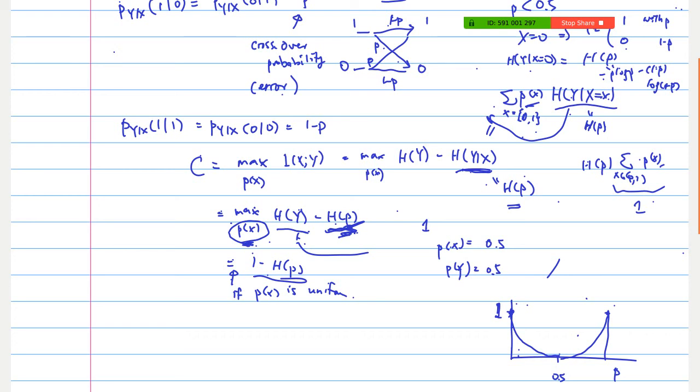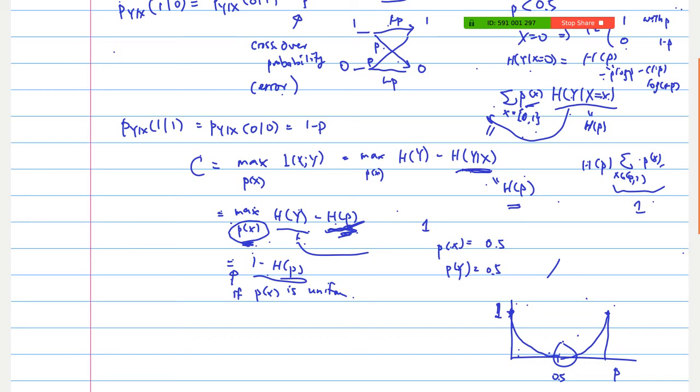Then it's natural to expect that the capacity is equal to 0. There's no way you can extract any information from the output regarding the input.